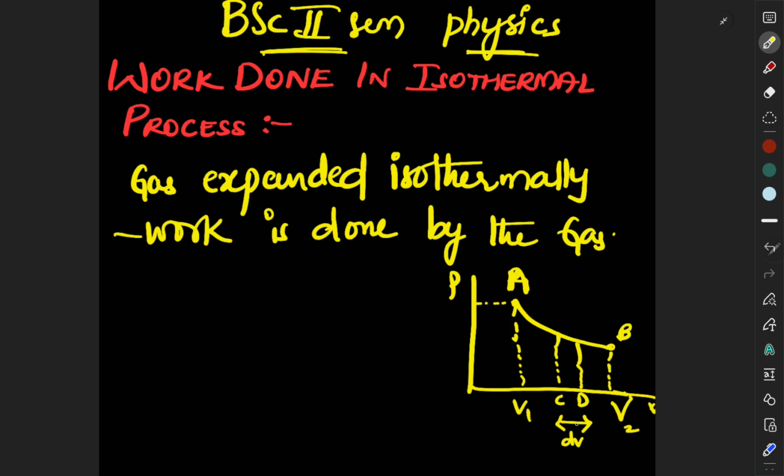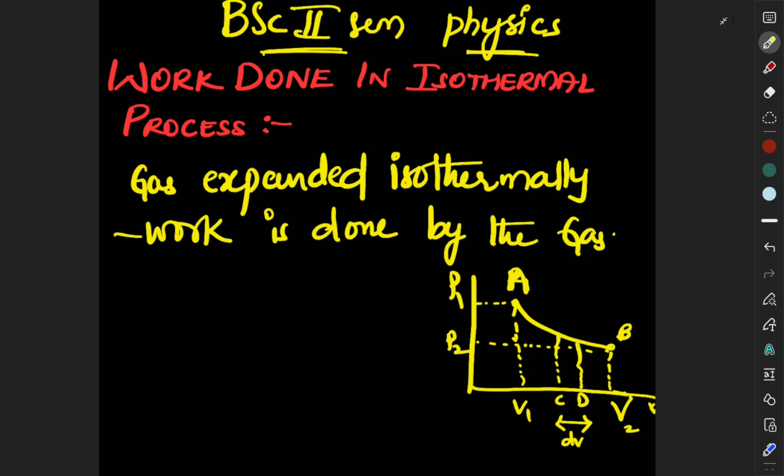Let us suppose at this point the pressure is more or less constant. Let P1 V1 be the pressure and volume at the initial state, that is at A, and P2 V2 be the pressure and volume at the final state B.